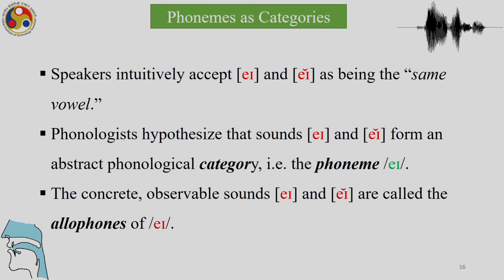Allophones are the ones which are in complementary distribution, unlike phonemes which are in contrastive distribution. Phonemes are distinct, they lend meaning, whereas the term allophone refers to something in complementary distribution.